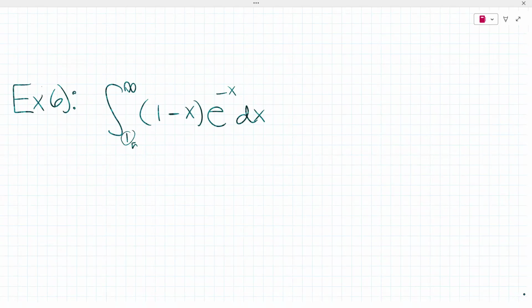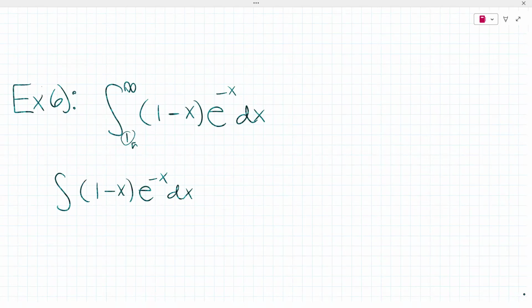And then how do you take the integral of parentheses 1 minus x times e to the negative x dx? So just try it out. Shall we use u substitution? No, that won't work.